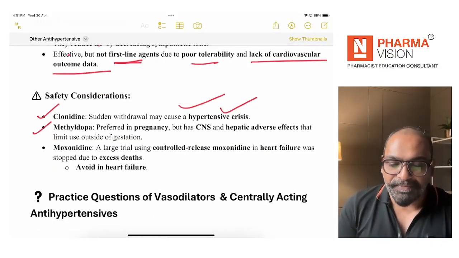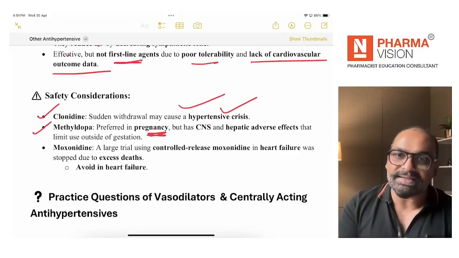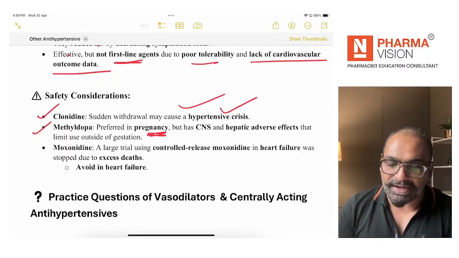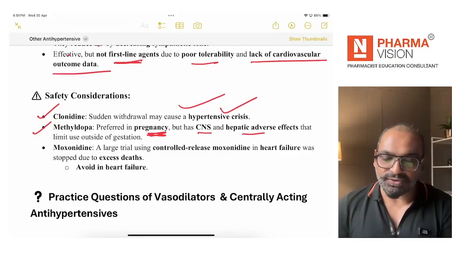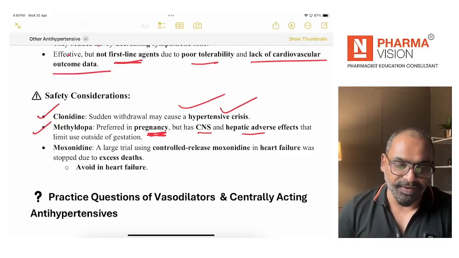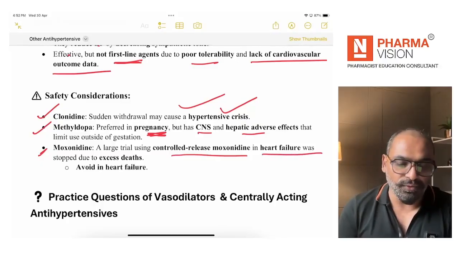Methyldopa is preferred in pregnancy. So methyldopa can be considered a good choice of medication for pregnant women, but CNS and hepatic adverse effects are associated, so we have to closely monitor those effects. Moxonidine: the large trial of controlled release moxonidine in heart failure was stopped due to excessive death.